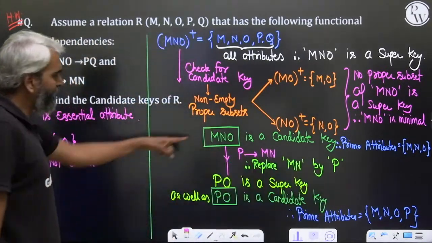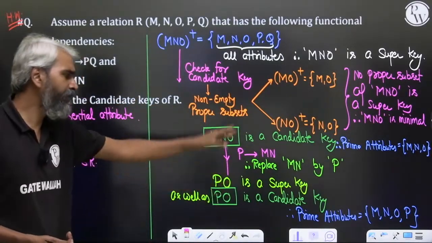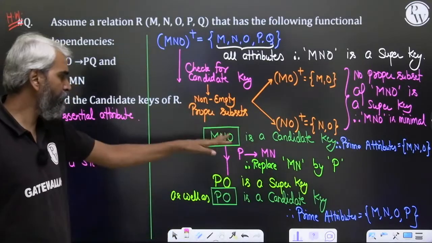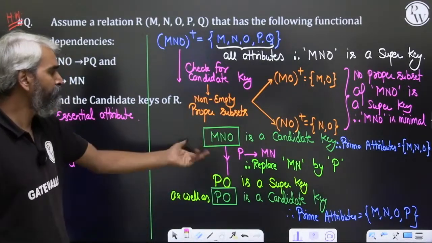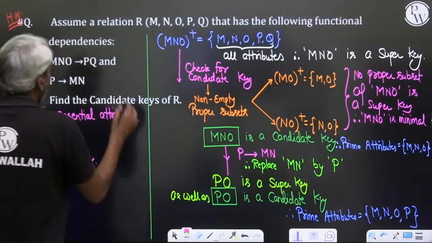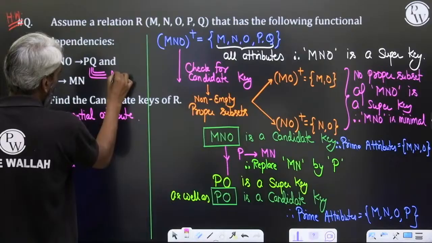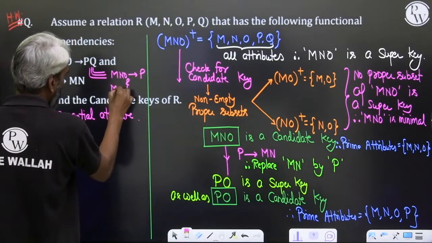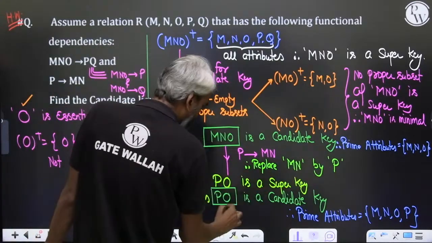Can we replace anything else in this first candidate key MNO? No, sir. We have replaced M and N both. If you replace only M, then it will become PNO and N will be redundant, so you will have to remove N from the set. If you replace N by P, then M will become redundant and you will have to remove M from the set. This is actually equivalent to MNO implies P and MNO implies Q, and here P becomes a prime attribute.